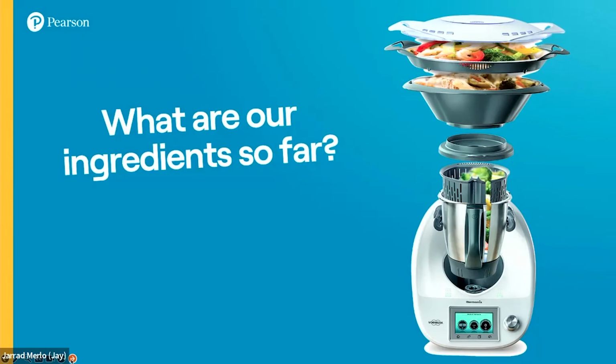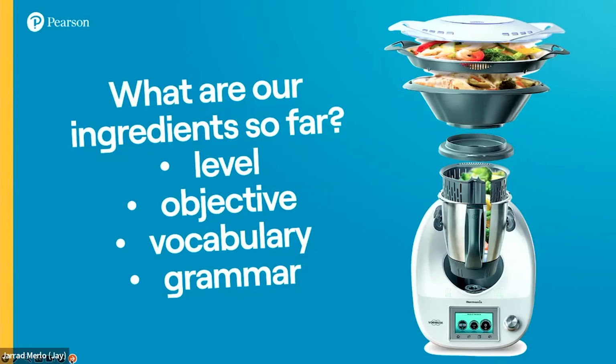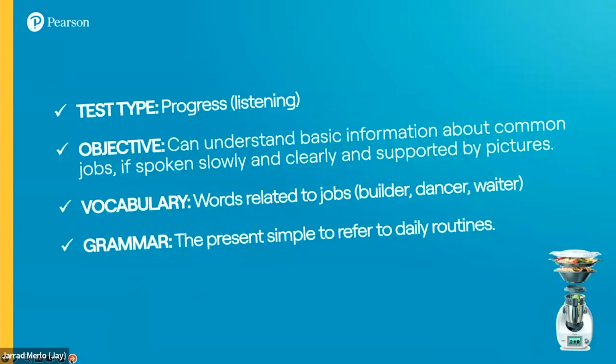So what are our ingredients so far? Well, we've put in the level, we've put in our testing objective, we've put in our vocabulary, and we've put in our grammar. Awesome.